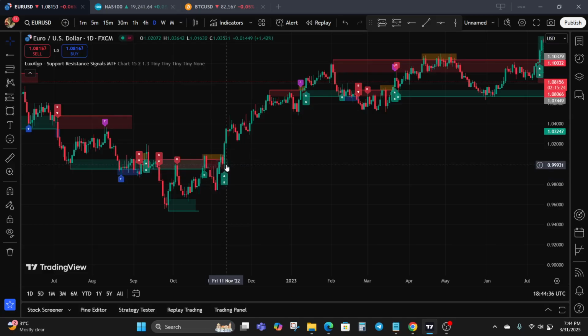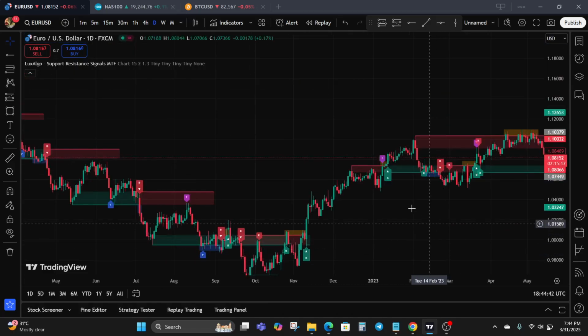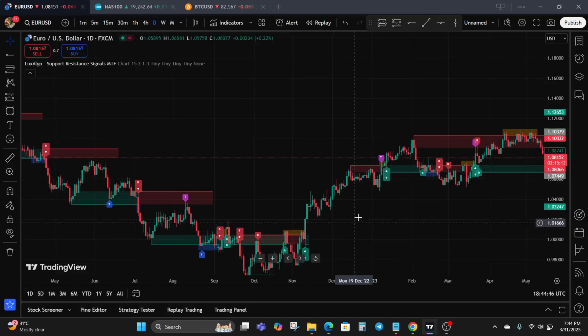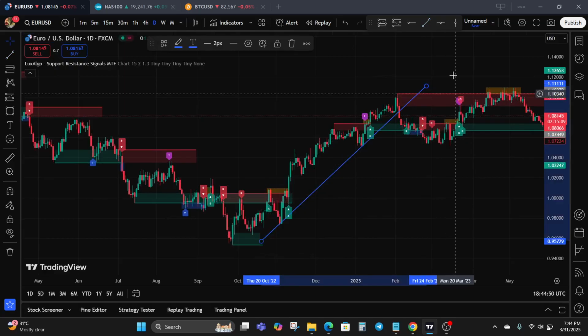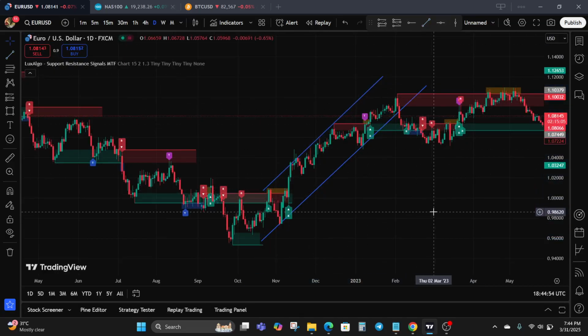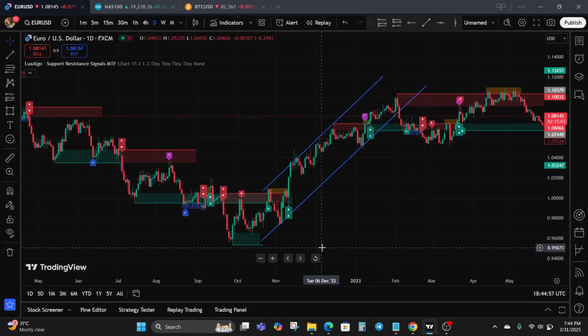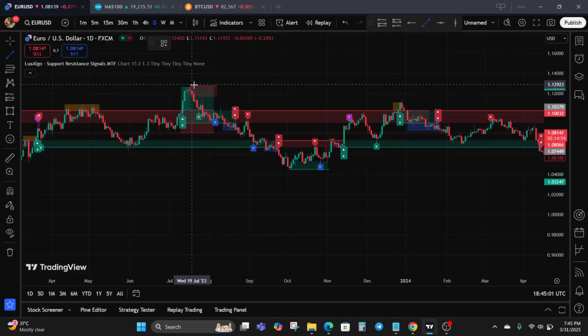Here it indicated average trading activity. But at this point, the trading activity was high. And then you can see here, there was another bullish breakout. This was a resistance zone identified. Price broke out from that zone, showing that this bullish move was strong. The momentum behind this move was strong. So you should be looking for buy opportunities within bullish trends and sell opportunities within bearish trends.